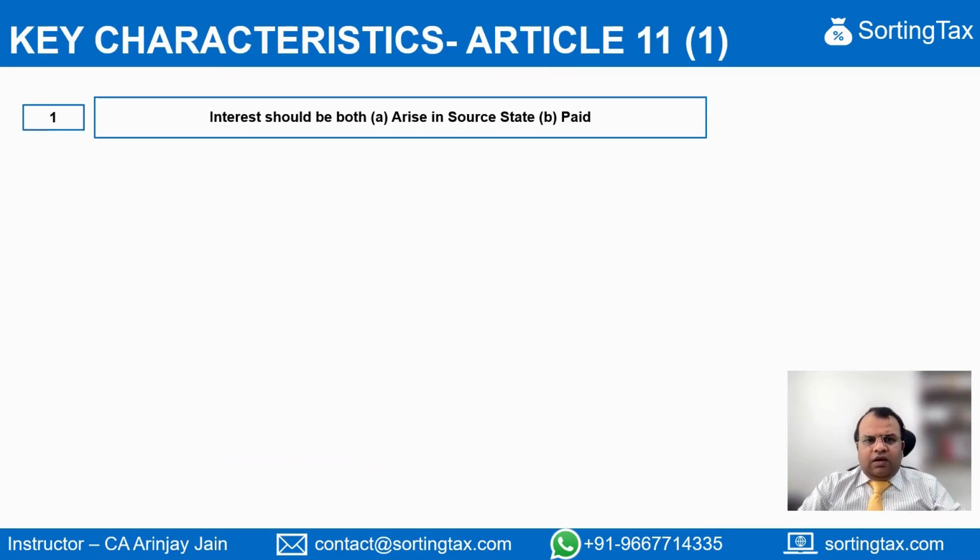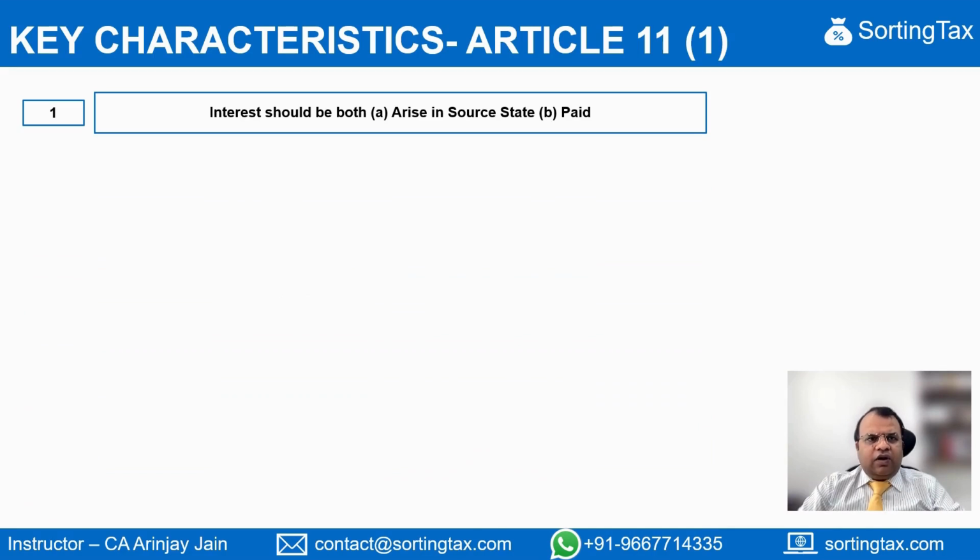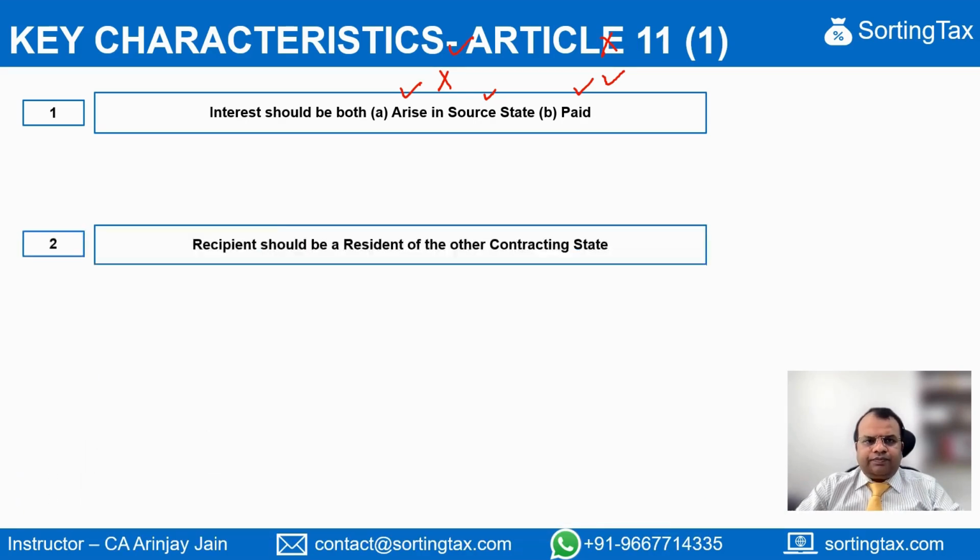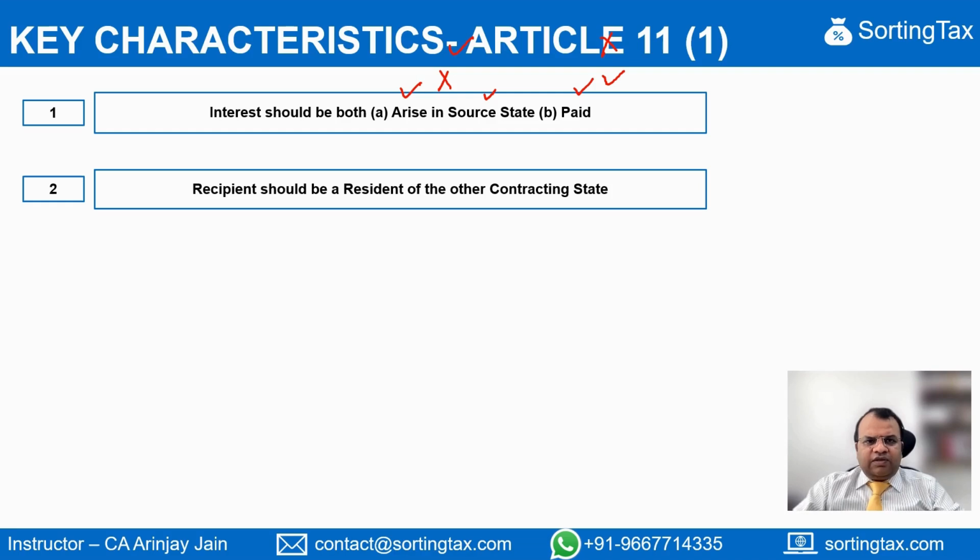So basically, the key characteristics, if I have to summarize for Article 11(1), are that interest should both arise, again as per Article 11(5), in the source state, and it should be paid. If it does not arise but is paid, or if it is not paid but it does arise, then in that case it will not be taxable in the source state. The recipient should be a resident of the other contracting state. If the recipient is a resident of the source state itself, then this provision is not applicable.